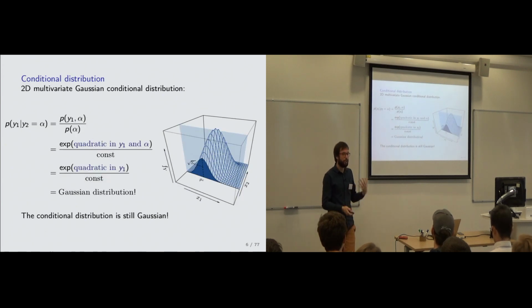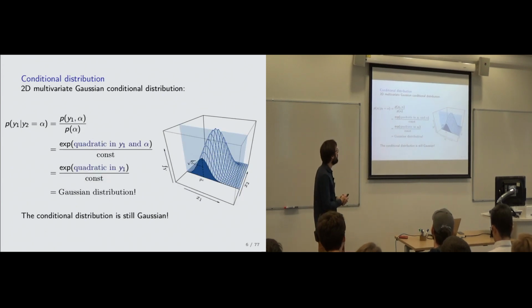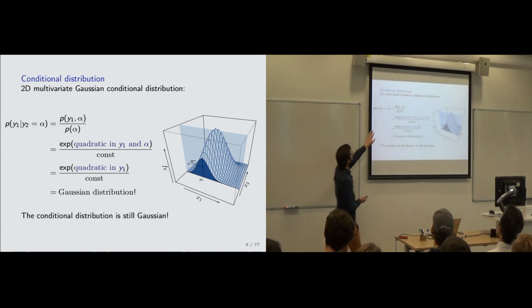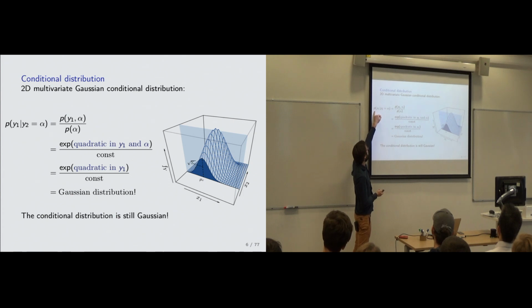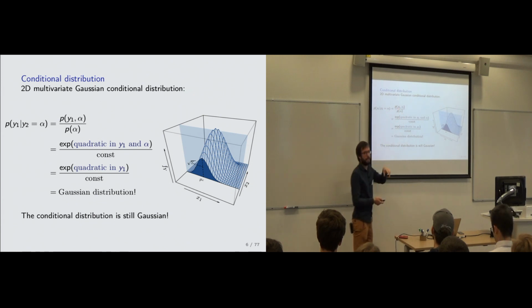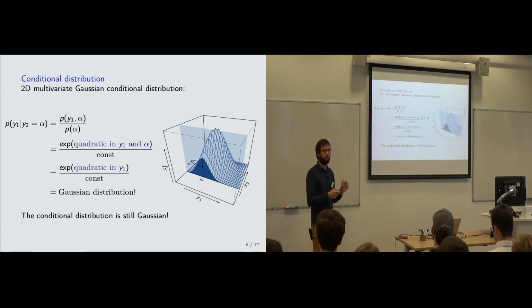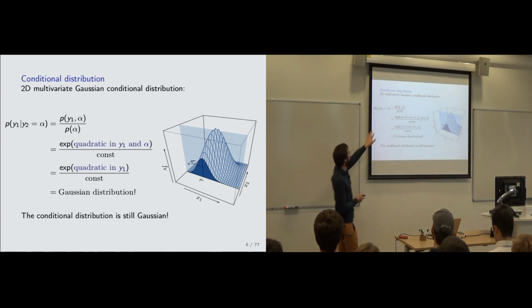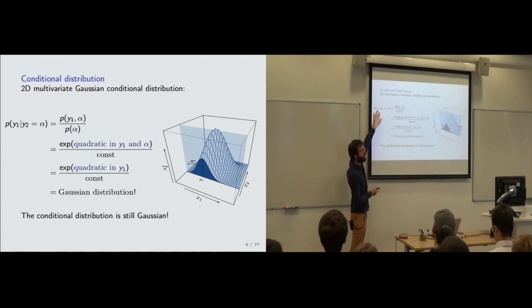So what about the conditional distribution? You've also seen that before, so I will cover that quite quickly. We know, if we apply the product rule, that the distribution of y1 given y2 is equal to the joint distribution divided by a renormalizing factor that guarantees that this probability density function will integrate to 1.